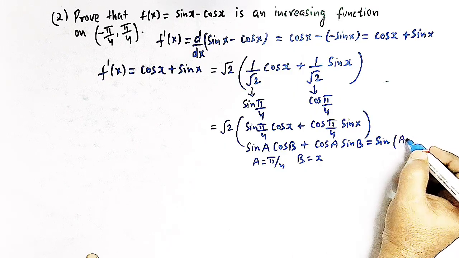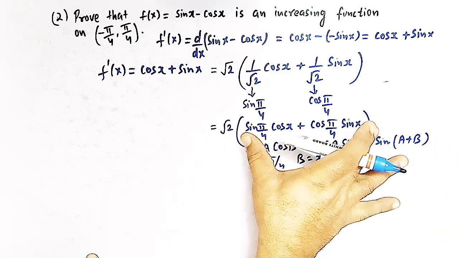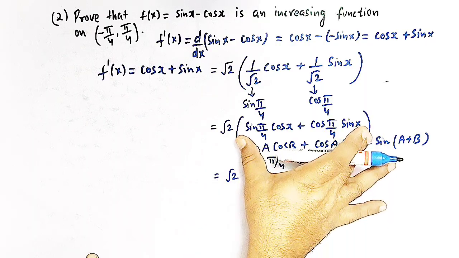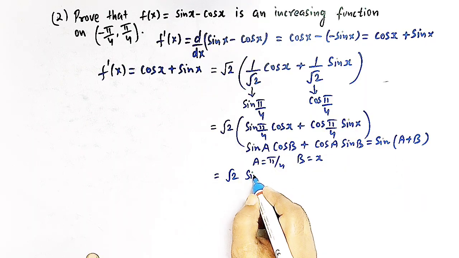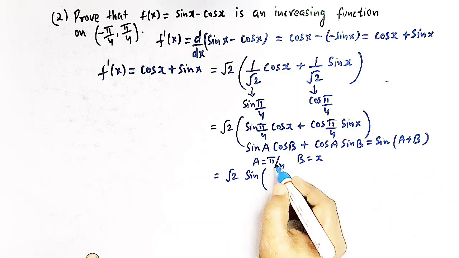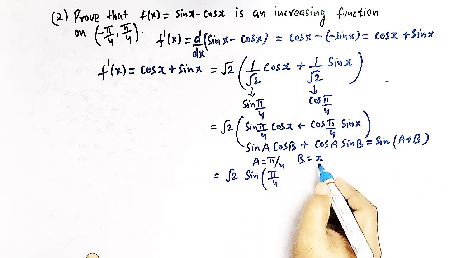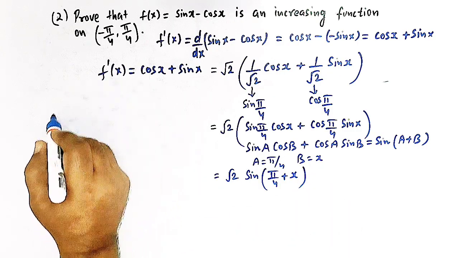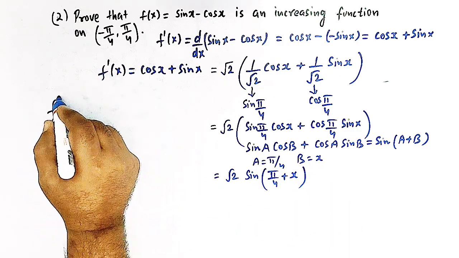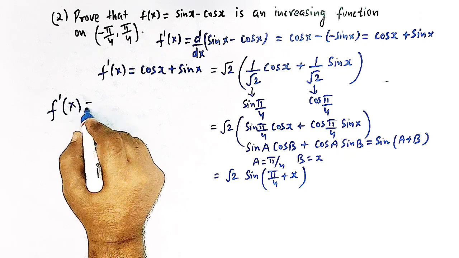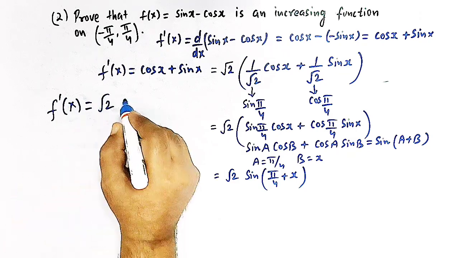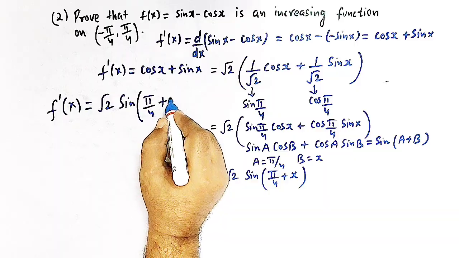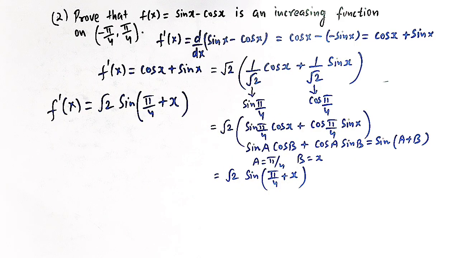So we have sine a plus b. So this expression is now square root of 2, and here we can now write sine a plus b. A is pi by 4 and b is x, right? So now we have expressed the derivative f prime of x as square root of 2 times sine pi by 4 plus x.